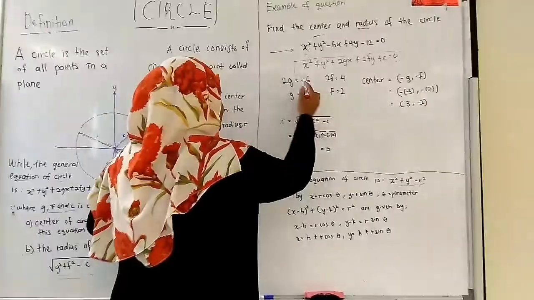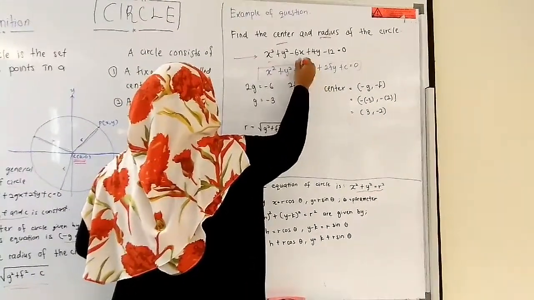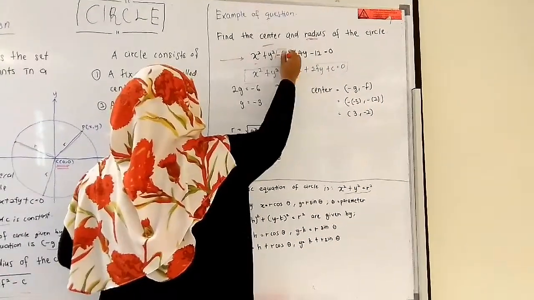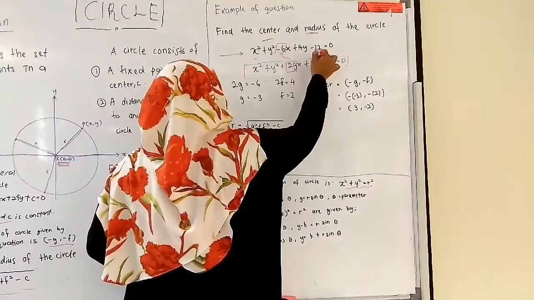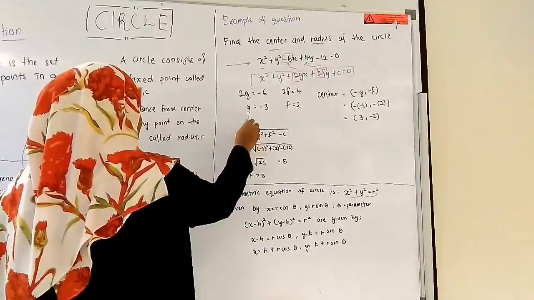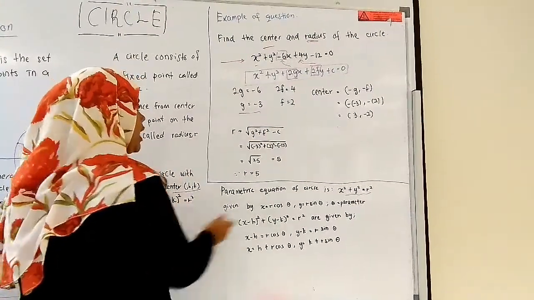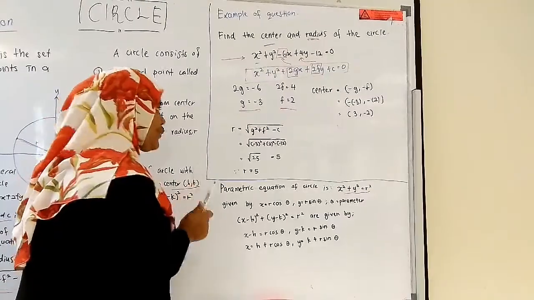Based on this, 2gx is equal to negative 6x and 2fy is equal to 4y. So we get g equal to negative 3 and f equal to 2.